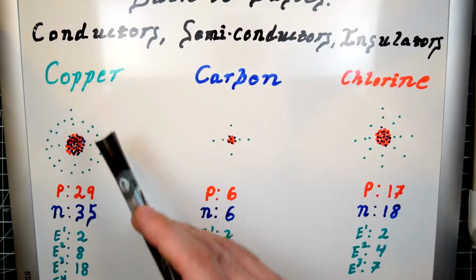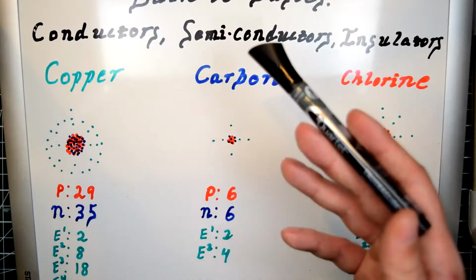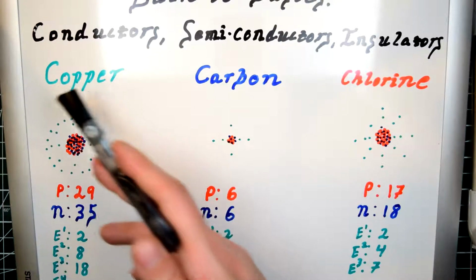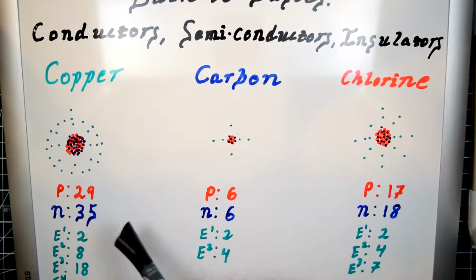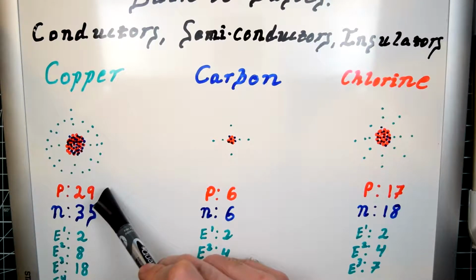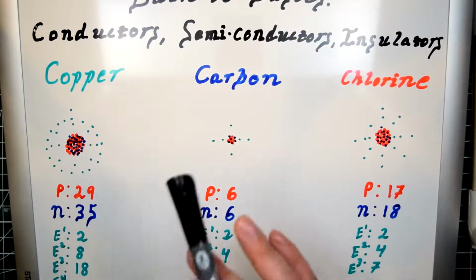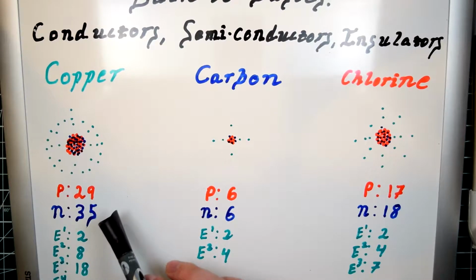Now, a very common and the most used conductor out there would be copper. Now, copper has 29 protons, 35 neutrons, and 29 electrons. I should have remembered that, but I had to do the math in my head real quick.